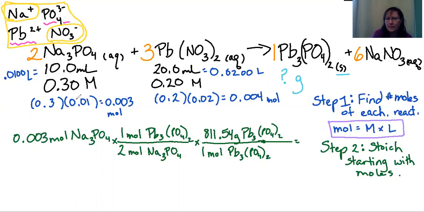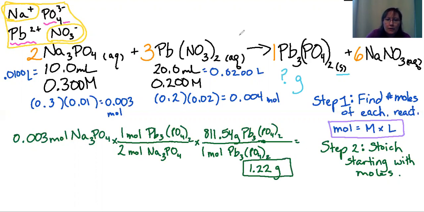I might have actually updated the slides so that I have 3 significant figures though. So I'm going to go ahead and alter this problem. If I have 3 significant figures, this gets 1.22 grams of our lead phosphate.